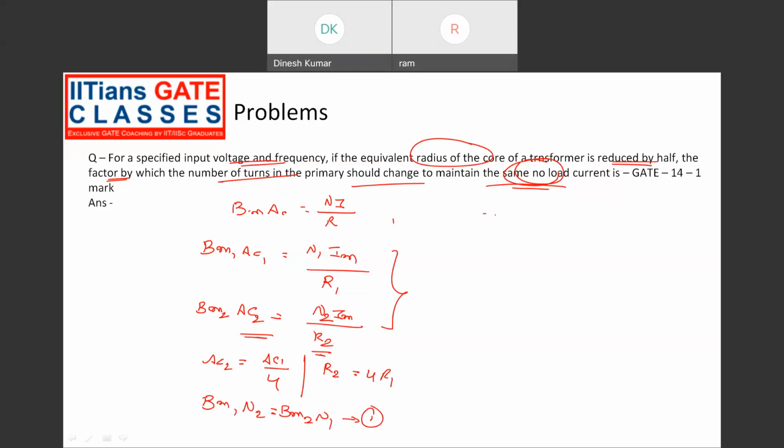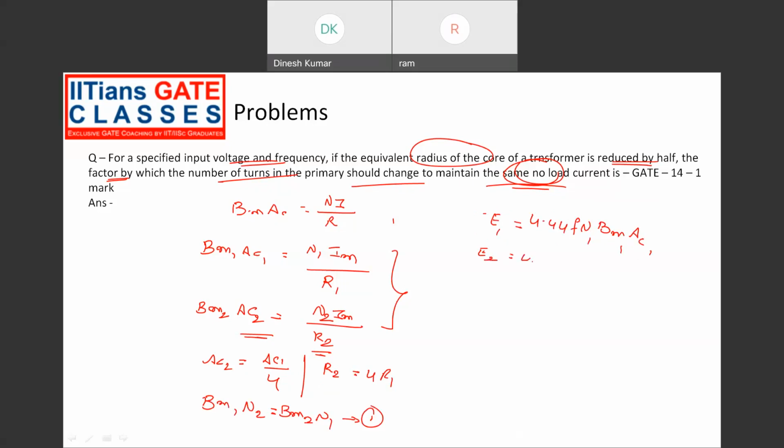Okay. And we know that from the induced EMF of a transformer, we can write E is equal to 4.44 frequency, number of turns, flux density into cross section area. So I can write E1 equal to 4.44, frequency is the same, number of turns N1 into BM1 AC1.